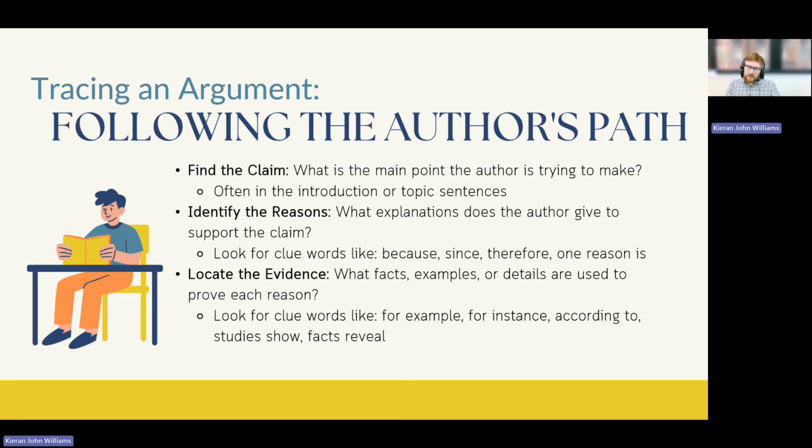The clue words that you're looking for here are things like because, since, therefore, and these are the best ways that you can spot them. Finally, you need to locate the evidence. What facts, examples, data does the author use to prove each of their reasons? Again, look out for words like, for example, according to, or studies show. Tracing the argument step by step helps you see how well the author's logic holds together.